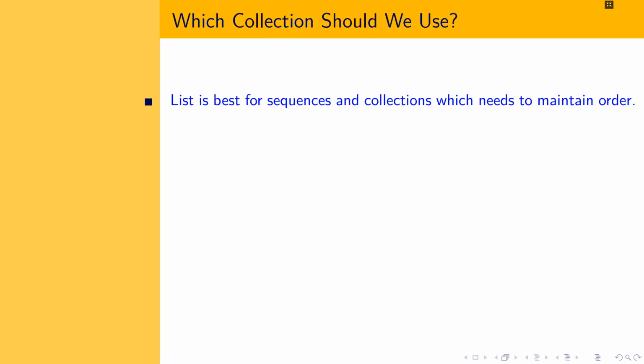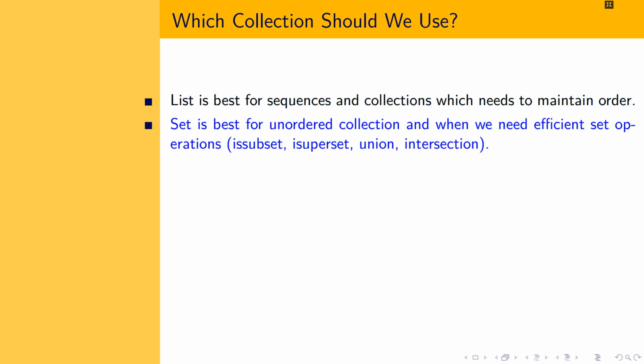So I have introduced the four built-in collections: list, set, tuple, and dictionary. So which collection should we use? The list is best for a sequence collection which needs to maintain order, while set is best for an unordered collection, and when we need efficient set operations like subset, superset, union, and intersection.